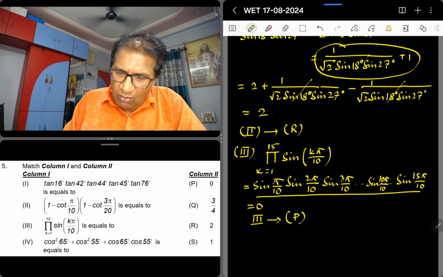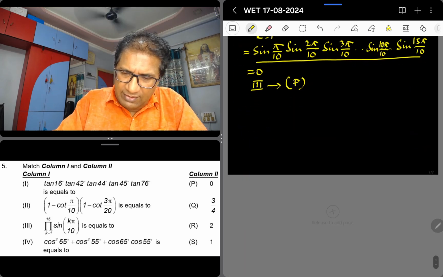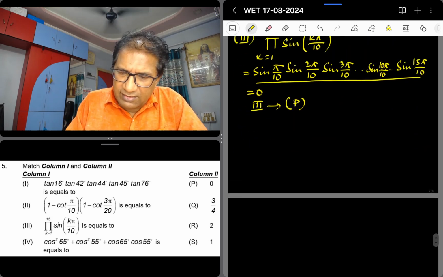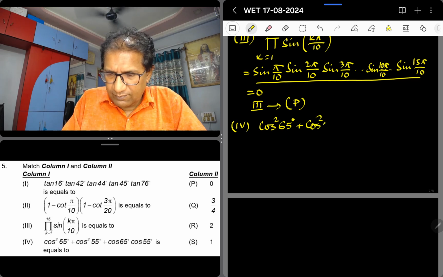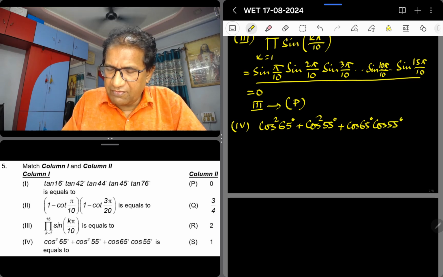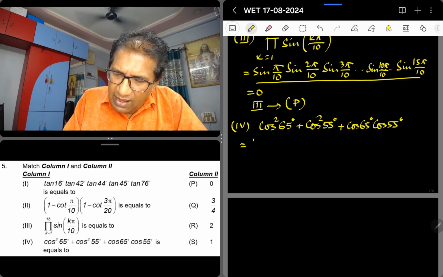P. Okay, and we are left with the last one, that is number 4 for this column matching type, plus cos 65 cos 55 degrees, right? So let me take half common.